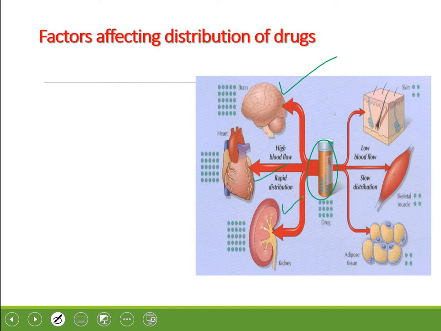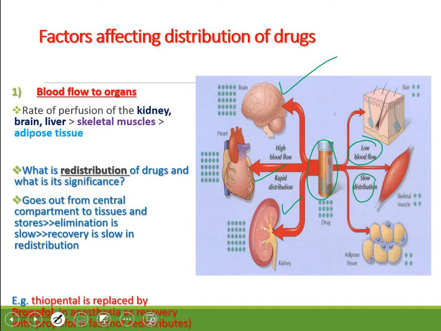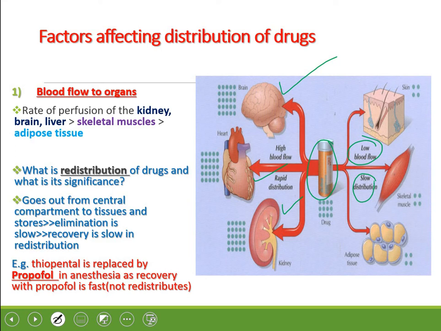But remember, the blood supply to the skin is low, and distribution to the skeletal muscles and of course the adipose tissue is also low, because it depends upon the penetration of drugs. The blood carries the drugs, but the nature of the drug and the barrier will decide how it is going to penetrate and distribute inside the tissue. Keep in mind the rate of perfusion of the kidney, brain, liver, skeletal muscle, and adipose tissue.